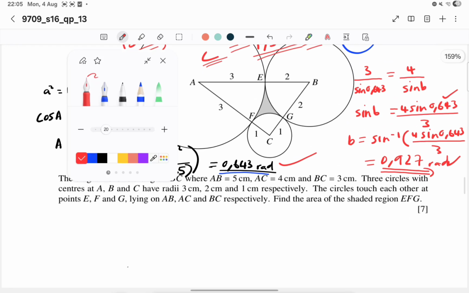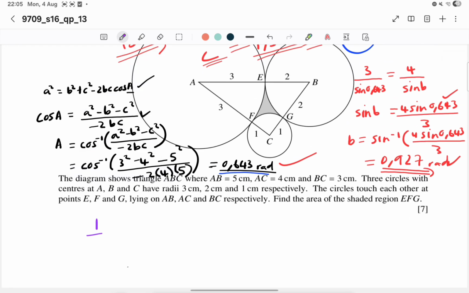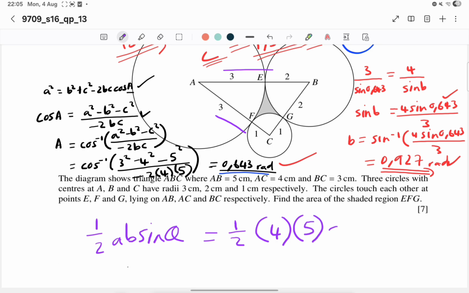Now with these angles, we are just going to get the area of the triangle first. Remember, we said half ab sine theta. We pick whichever angle we want to use, but in this case I'm going with a to be this and b to be this. So it's half, my a is 4 and my b is 5, then sine of the angle in between the two sides, which is 0.643.